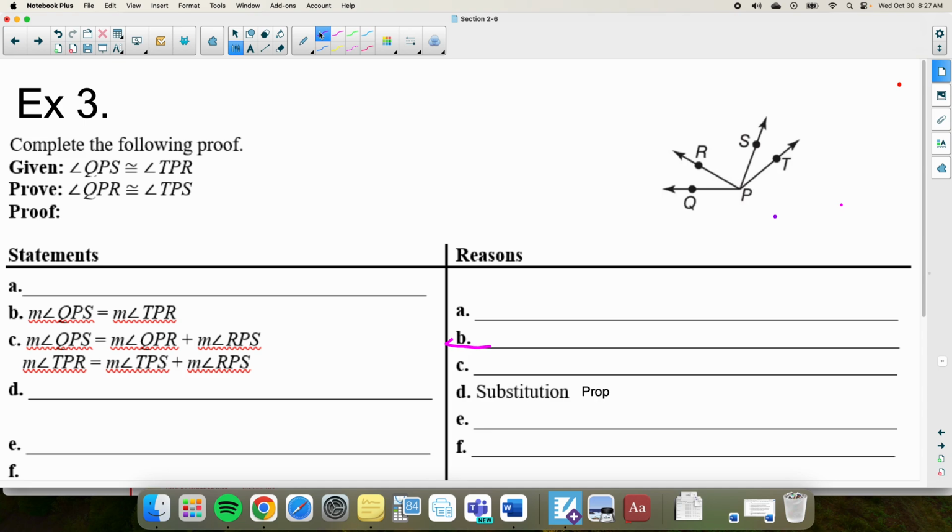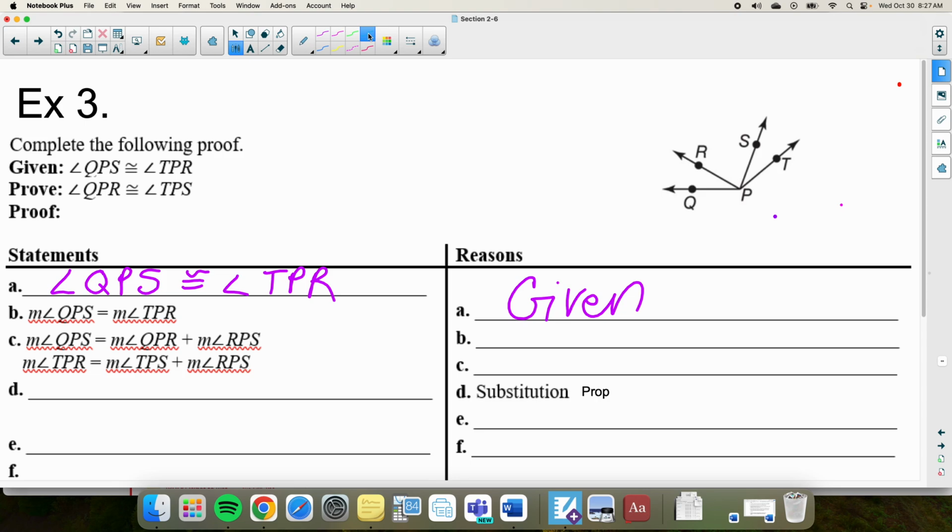Okay, so let's look. First thing we're gonna do is write down our given. Okay, and then A is given. No one should ever get that wrong. Now, do you guys see what they did from step A to step B?